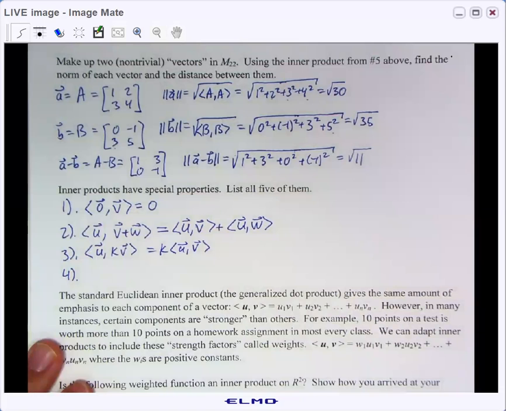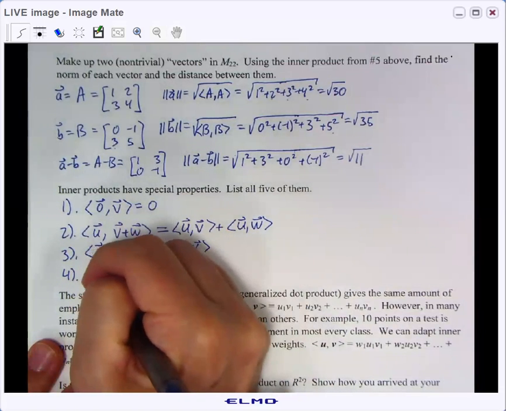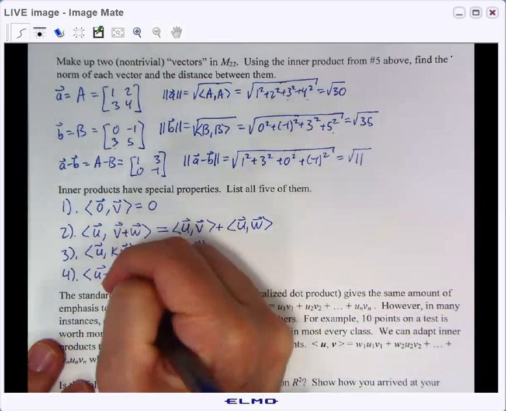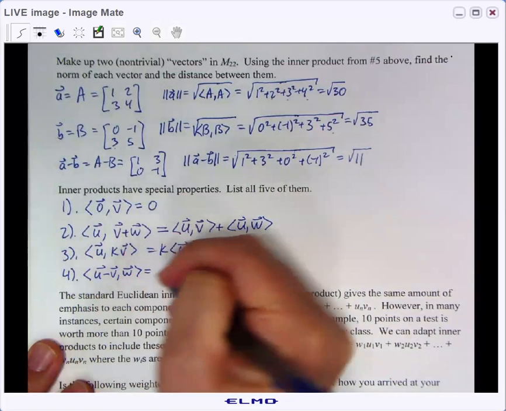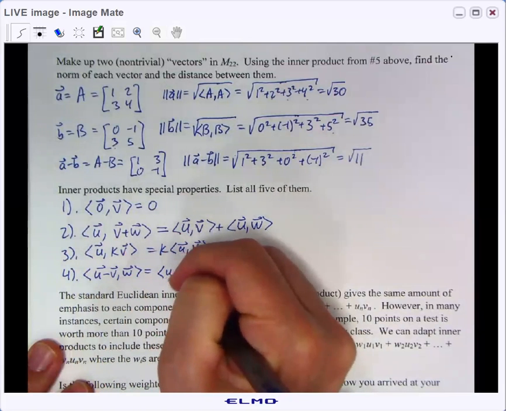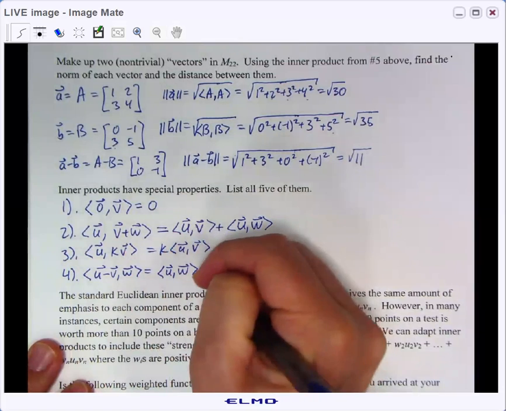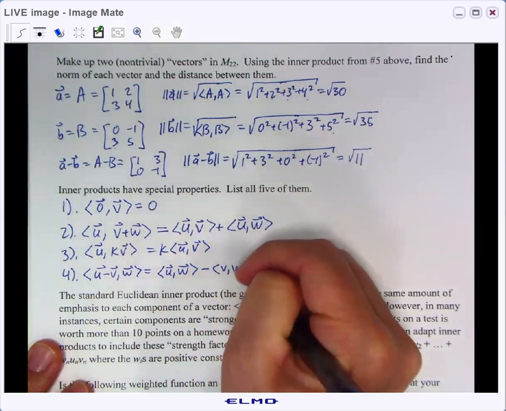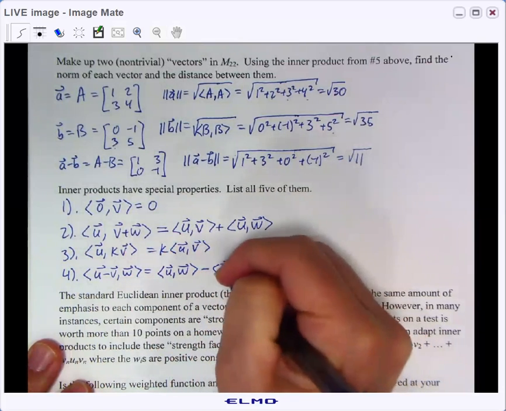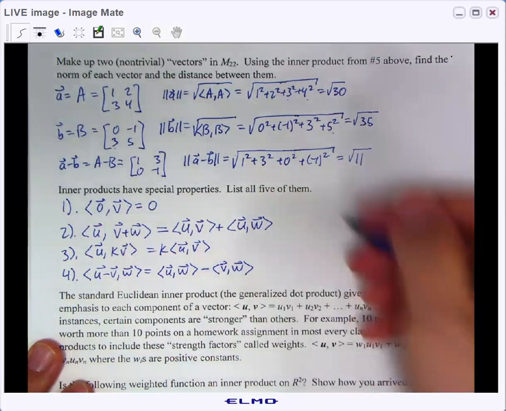Number 4, another property. So U minus V inner product W would be U inner product W minus V inner product W. Okay, again, provable by the original 4 axioms.